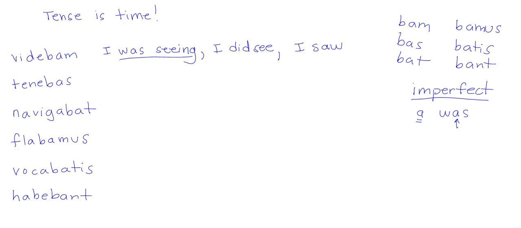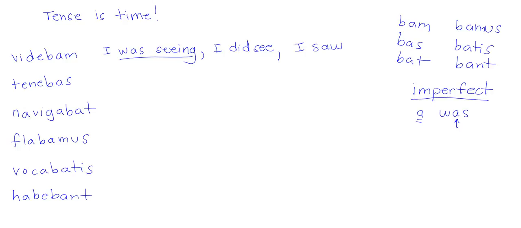It didn't happen just once and for all and was done. So you may be able to say I saw or I did see, but the preferred translation at this time is I was seeing. And you'll understand that better when we end up learning about the perfect tense, because we need to be able to distinguish between I saw it once and forever and never to see it again, or I saw it over time, or I saw it multiple times. So that's a little touch into the imperfect.